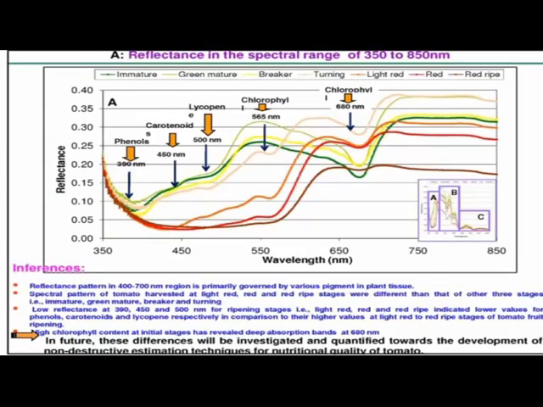So these are some of the sensitive bands governed by these pigments. So if you have the spectra, from there you can know these pigments, and from there you can know what stage the fruit is at, how the pigment transformation takes place from one stage to another, from immature to green mature, to breaker to turning, or light red to red.